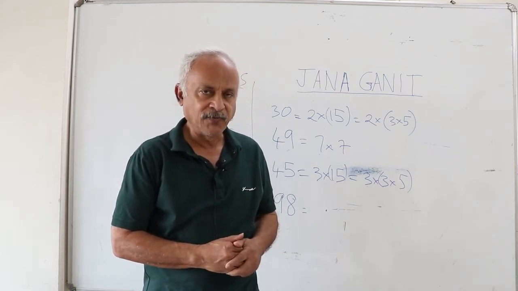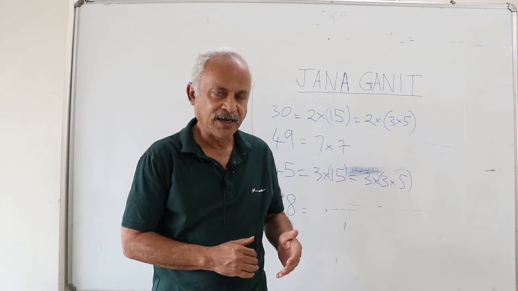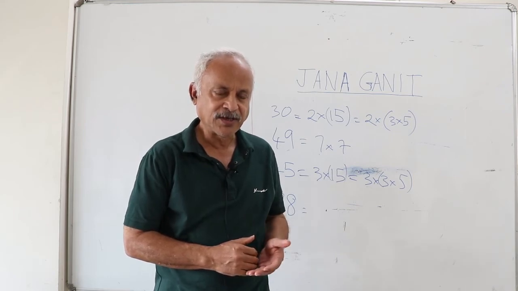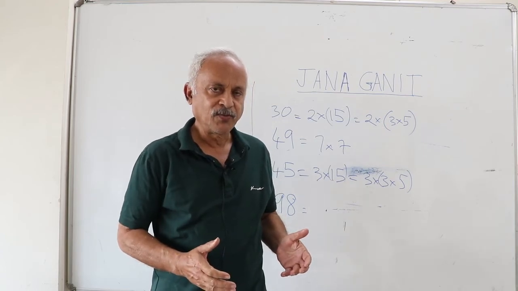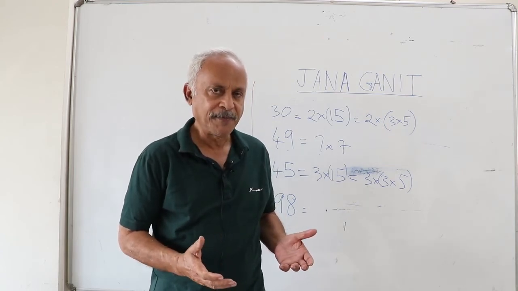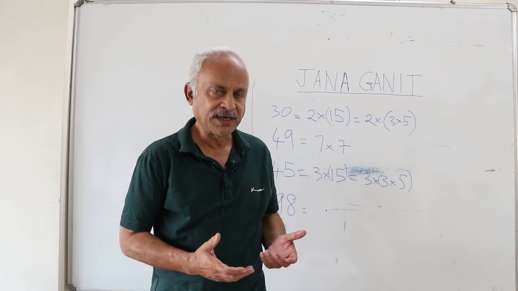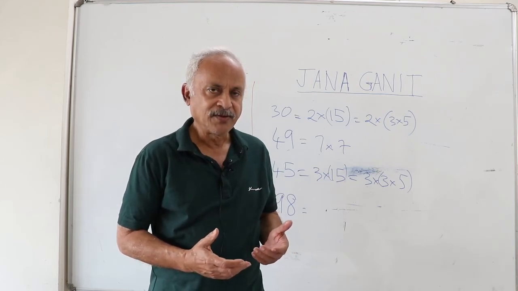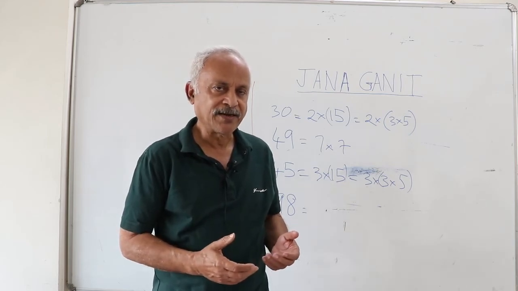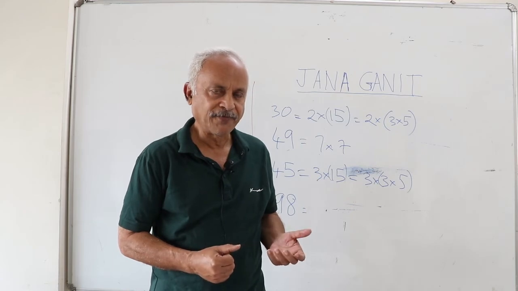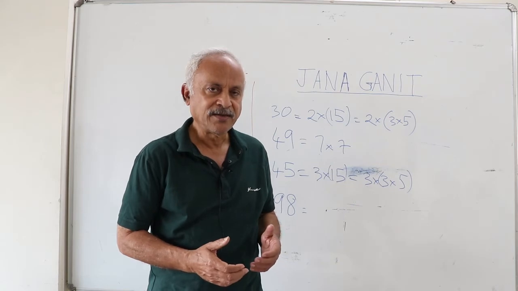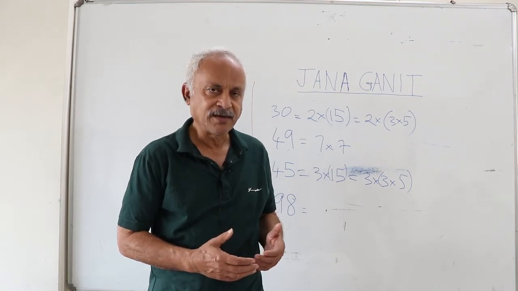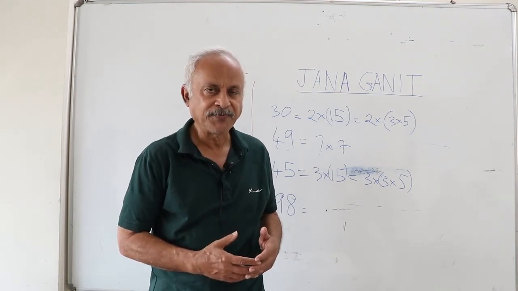So let us take a review of what we have done in the last session on factors. We saw that factors are the brackets that multiply, and what is inside the bracket we call the factor. We learned how to write a number as a product of factors.